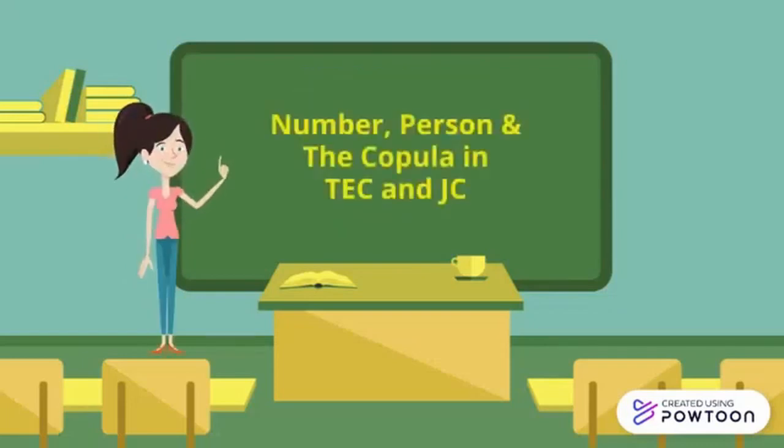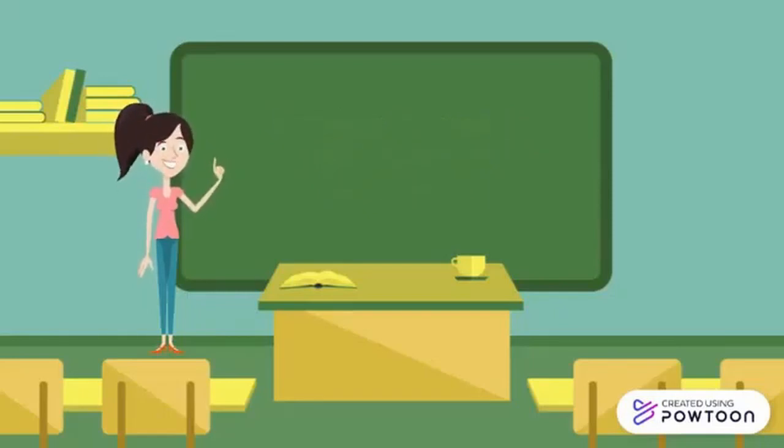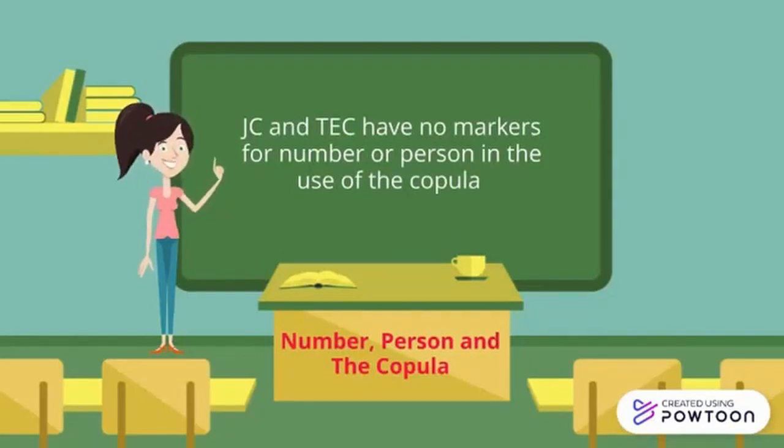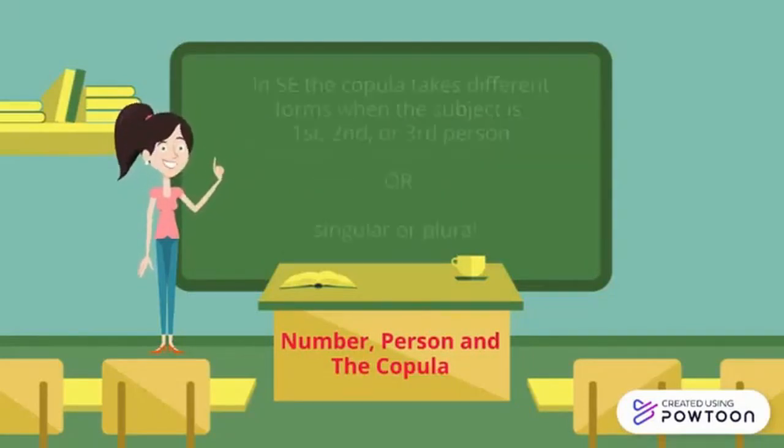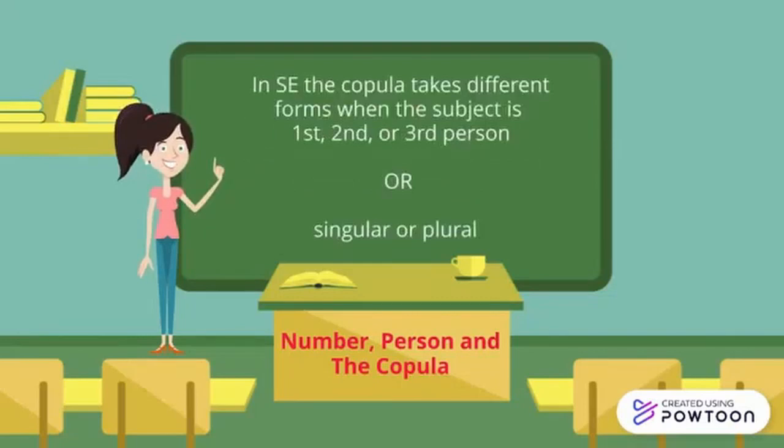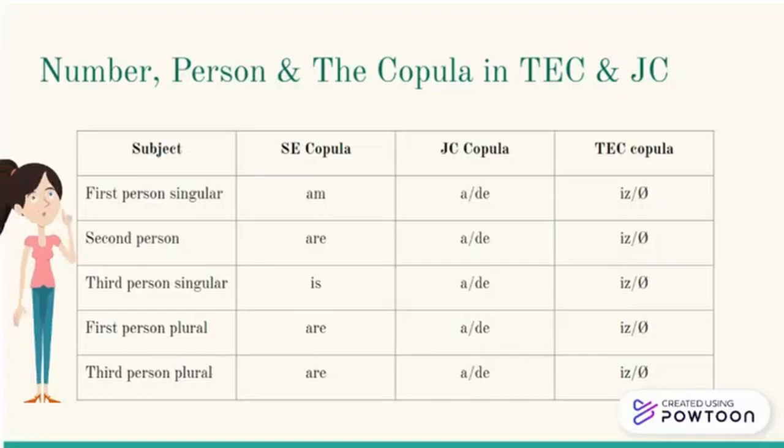Now, let's look at number, person, and the copula in TEC and JC. JC and TEC have no markers for number or person in the use of the copula. However, in standard English, the copula takes different forms for when the subject is first, second, or third person, or singular or plural. Let's have a look at this table.